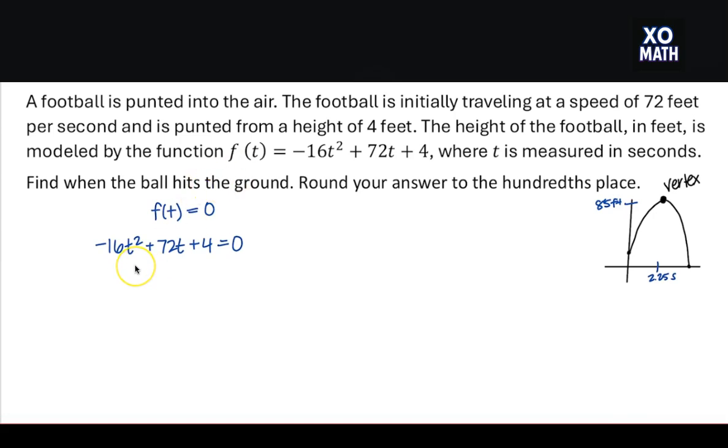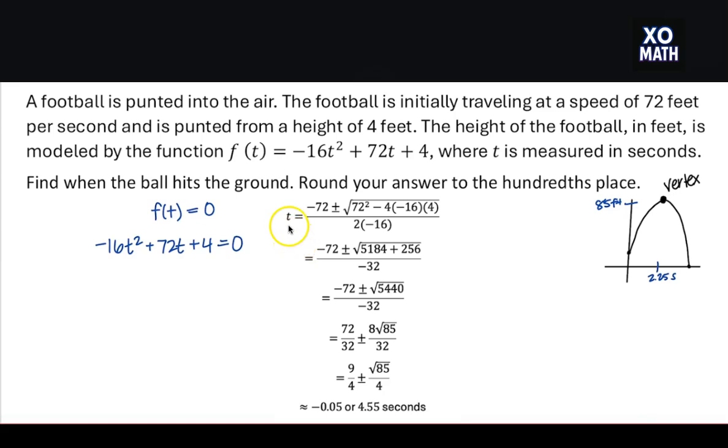Now to set a quadratic equal to 0, if it factors, then ideally we would factor it, but in this case we're going to apply the quadratic formula to find the 0 since it doesn't factor. As a reminder, the quadratic formula says to find the solutions, in this case t, it's going to be equal to negative b, so negative 72, plus or minus the square root of the entire quantity b squared, 72 squared, minus 4a, the value of a is negative 16, times c, which is 4, all over 2a, which is negative 16.